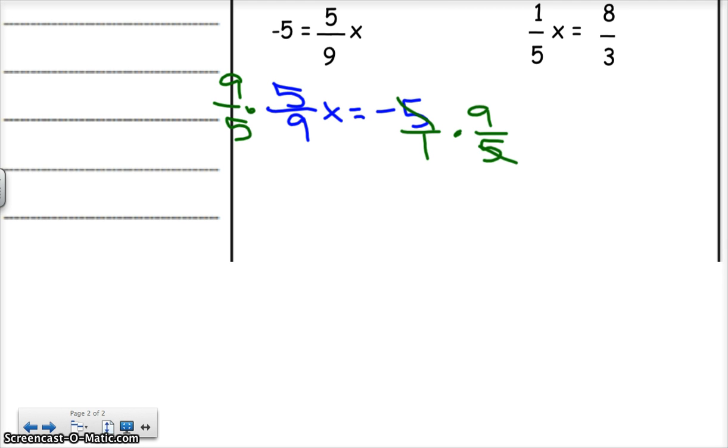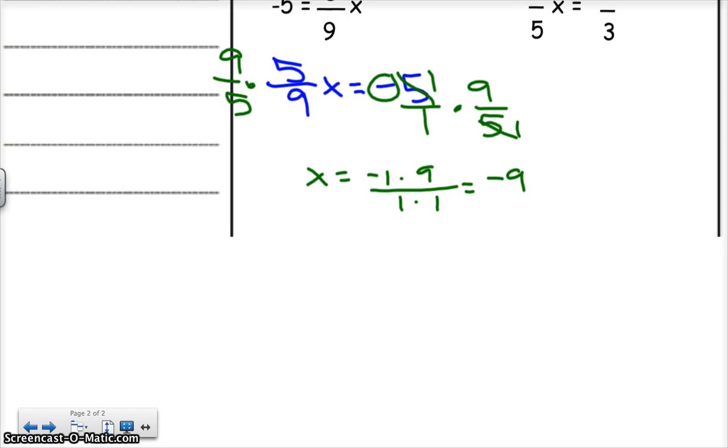Now x is going to equal, there's a 1 here, top times top, over bottom times bottom. Negative 9. I stopped there for a second because I was wondering where that negative came from. Wait, how did you cross out 5? Because 5 and 5 share a factor of 5, so I divide them both by their factor. 5 divided by 5 is 1. 5 divided by 5 is 1.